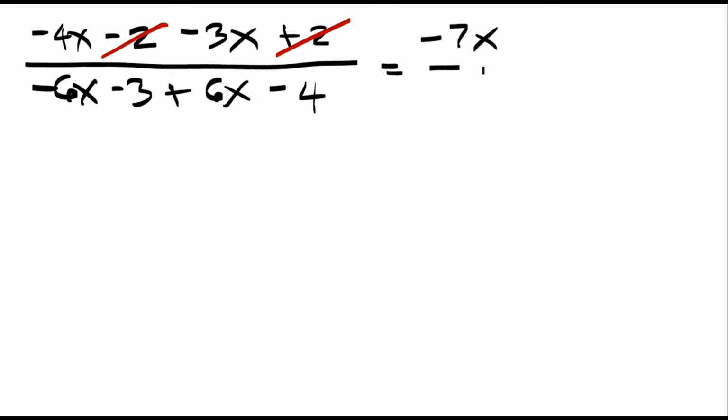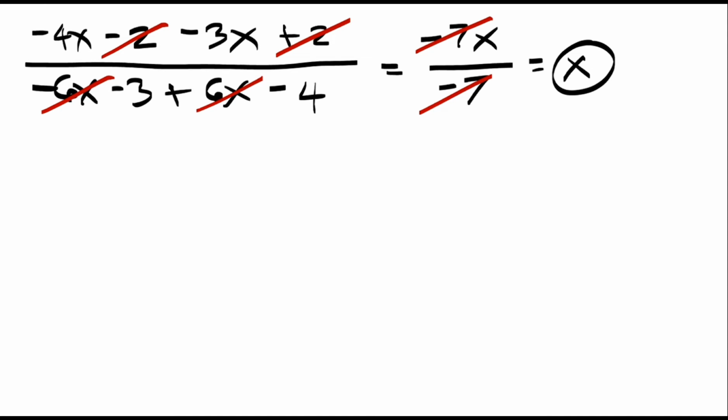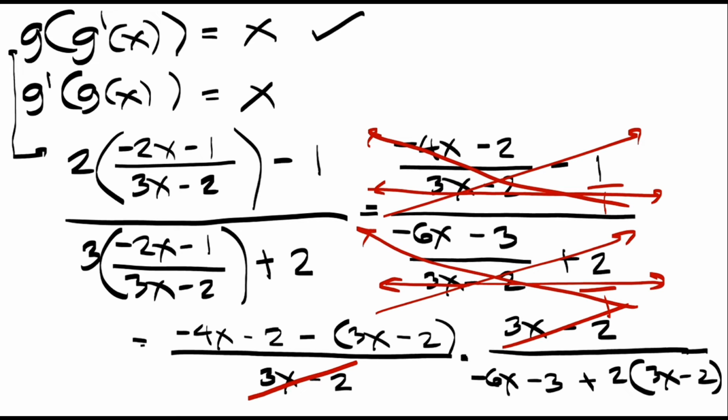And this is all over: negative 6x plus 6x is equal to 0, negative 3 minus 4 is equal to negative 7. And here we can cancel out negative 7, leaving us only x. So the first condition is verified, that g of g prime of x is equal to x.